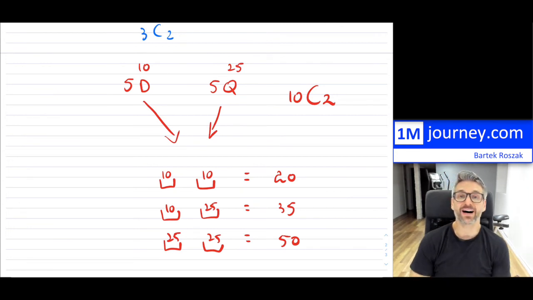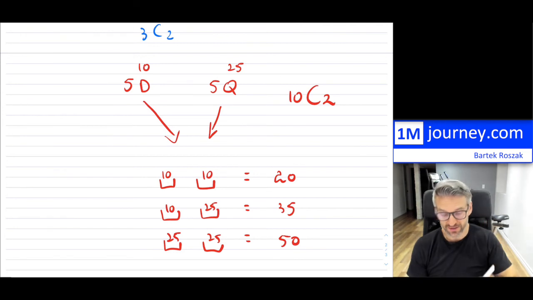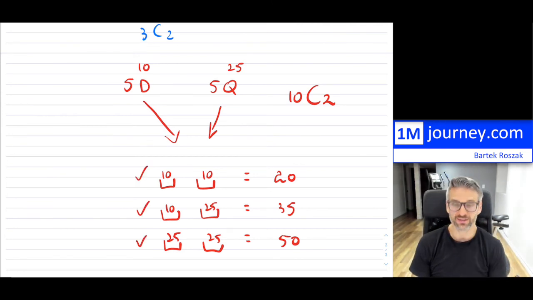Are there any other different types of combination? Notice it's interesting because you can either get a dime and a dime, a dime and a quarter, and then a quarter and a quarter. That's pretty much it. There isn't anything else. Now, there's a lot of dimes and a lot of quarters, so a lot of them will repeat, but this is what we would have.